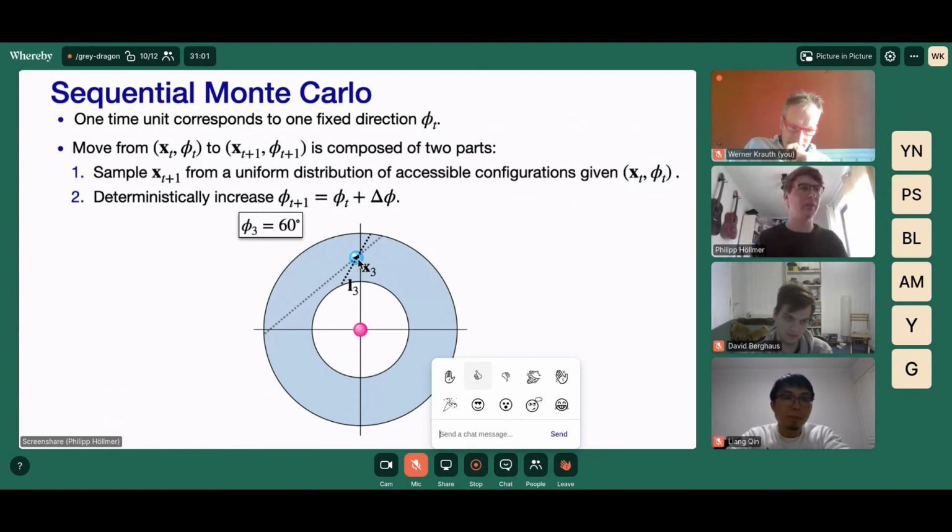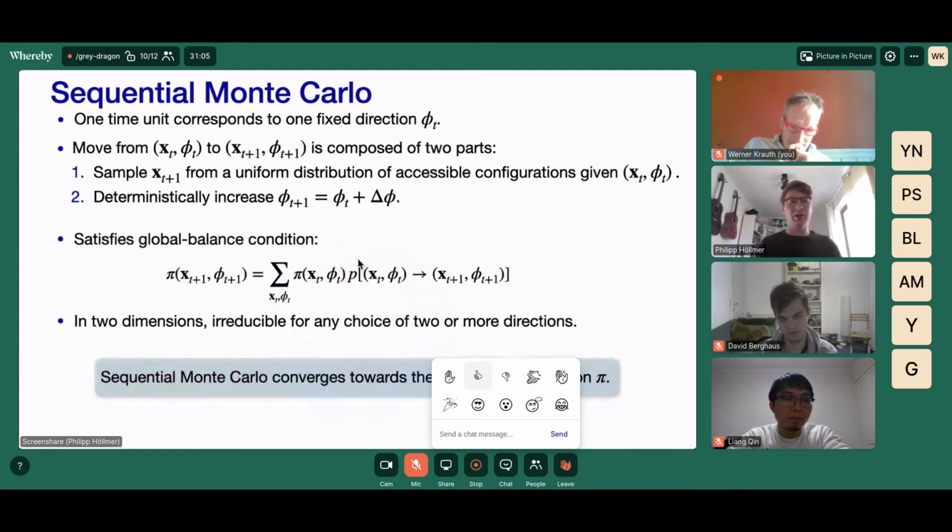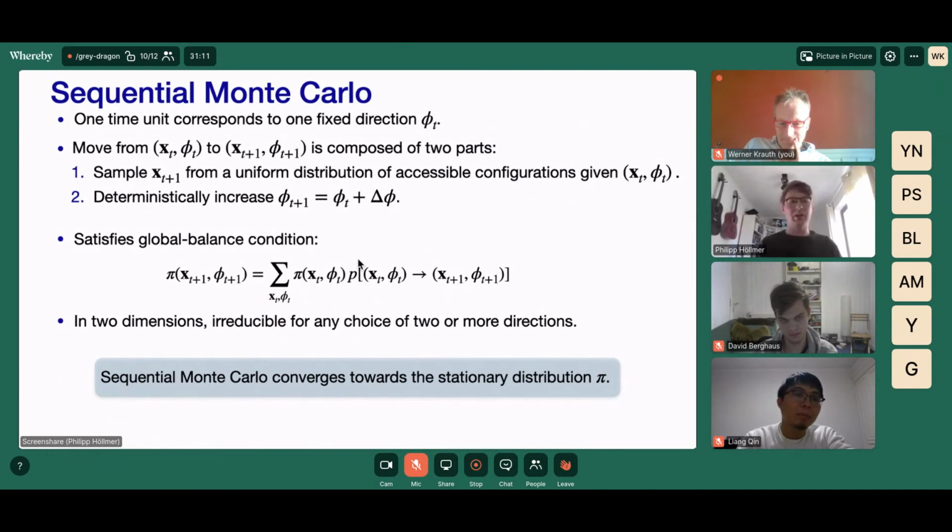So, of course, we now wrote down a scheme. What one always needs to do in Monte Carlo, when one studies Monte Carlo simulations, you have to prove that our scheme converges towards the stationary probability distribution pi. So we first prove that our algorithm satisfies global balance condition. So pi, as I already said, is the probability function that depends on the position and the direction.